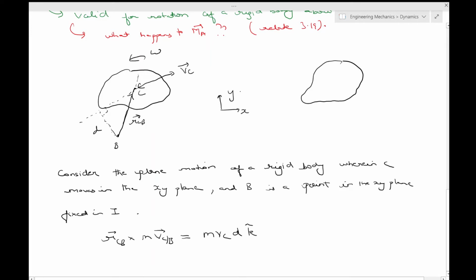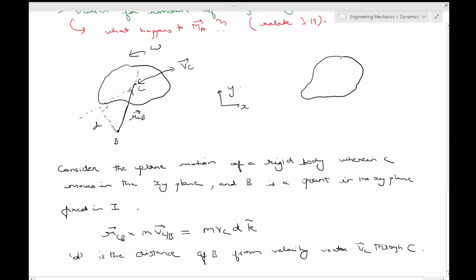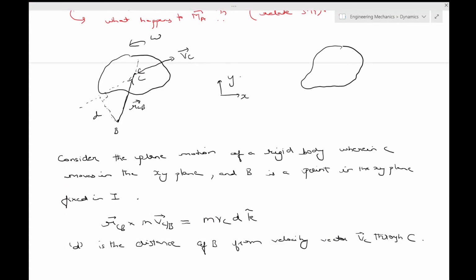Now t over here is the distance of B from the velocity vector v_C through C. That is clearly shown in this. Now one of the things which is written over here is that it has a sign.